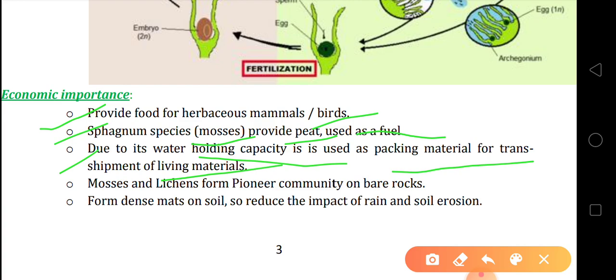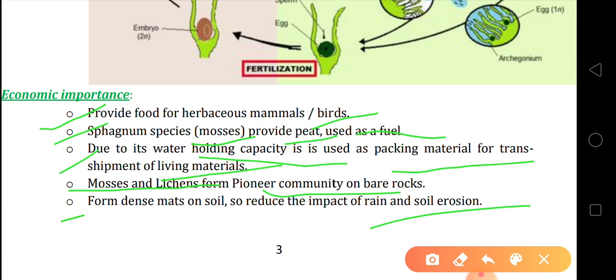The mosses and lichens form a pioneer community on the bare rocks. That is also one advantage of the bryophytes. And one more important thing, they can also hold the upper layer of soil to prevent flood, that is soil erosion.